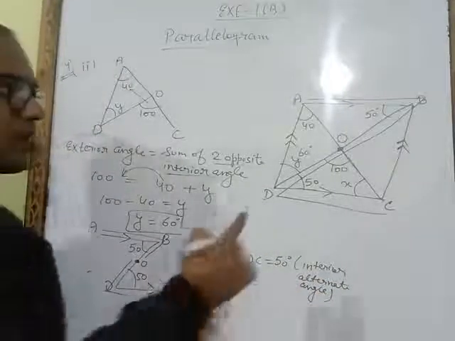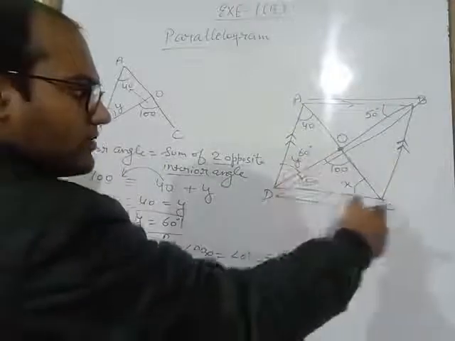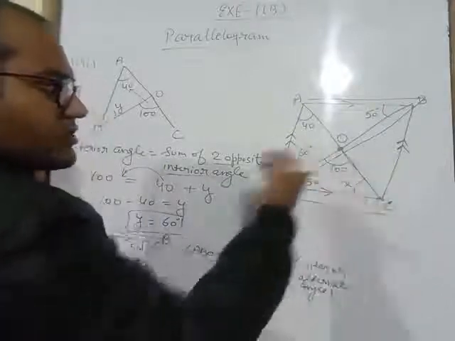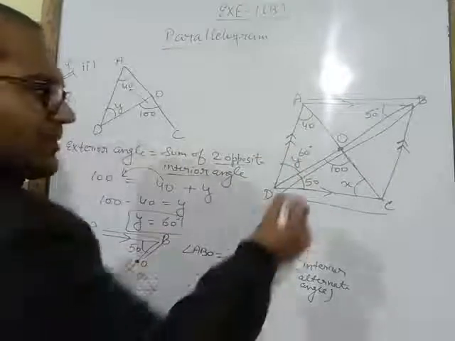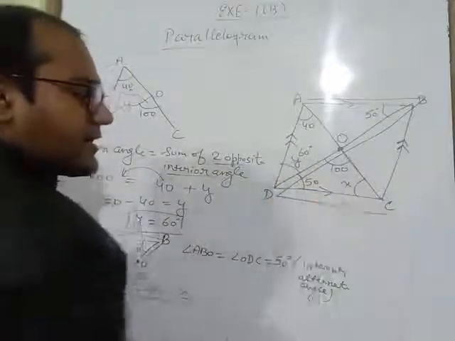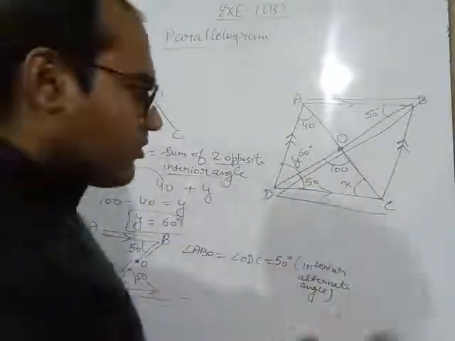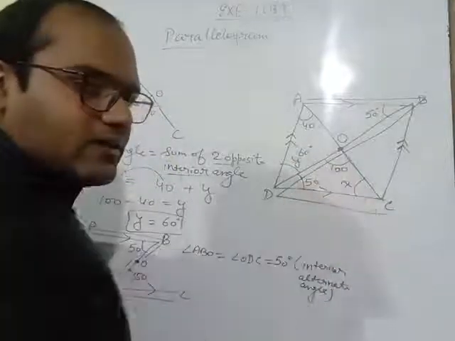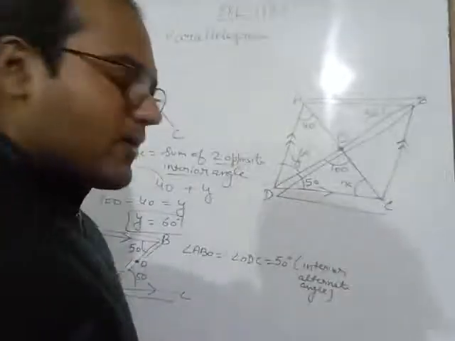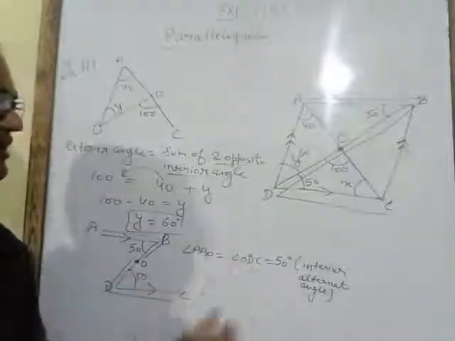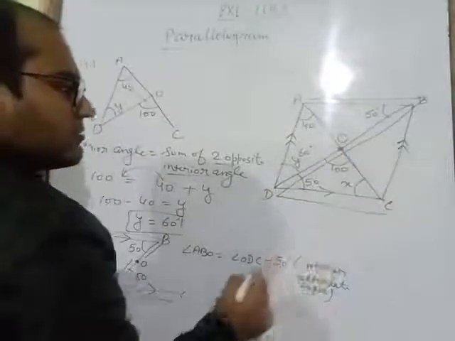Now we have to take the help of this triangle DOC. In this triangle DOC, three angles are coming, 50, 100 and X. Out of these three angles, two we know, one angle is unknown. So we can easily find it.